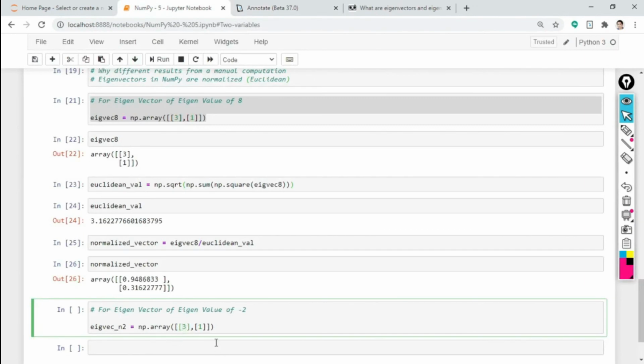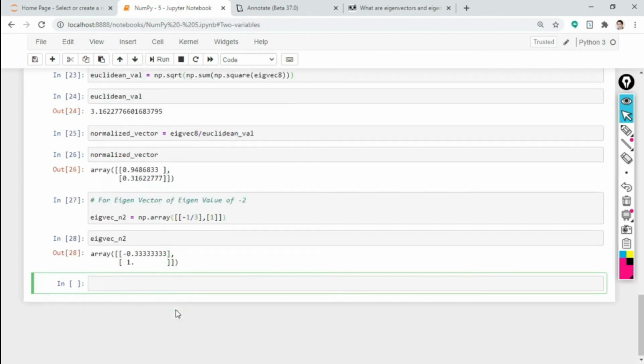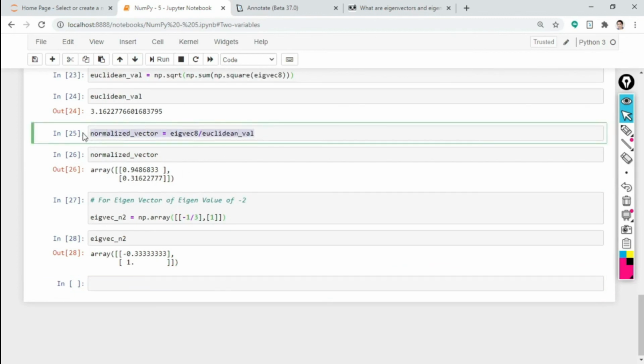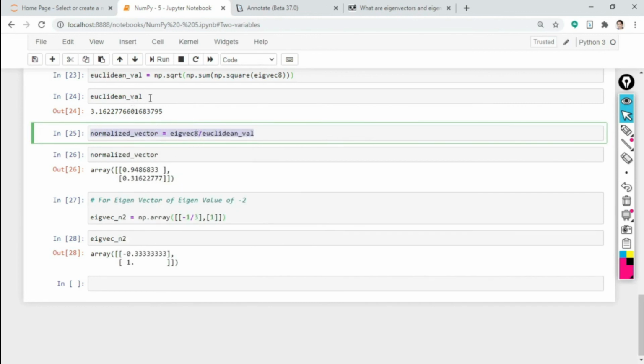So I will just fix this one. This one is -1/3 and 1 for -2. Okay, so the eigenvector. All right, -0.33, so that's correct. So we normalize this one. So we copy this one. Okay, so we have the same Euclidean value.